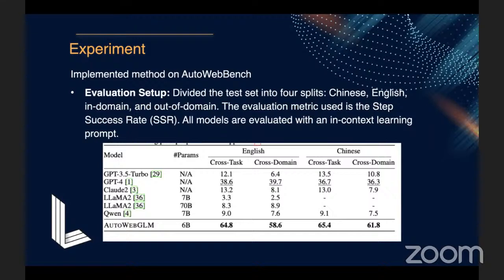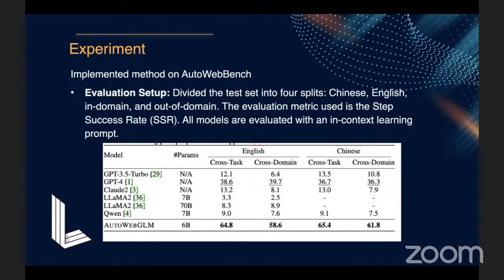The evaluation metric used is step success rate. All models are evaluated with an in-context learning prompt. Given the prompt, you can see the parameters and the models on the left side.